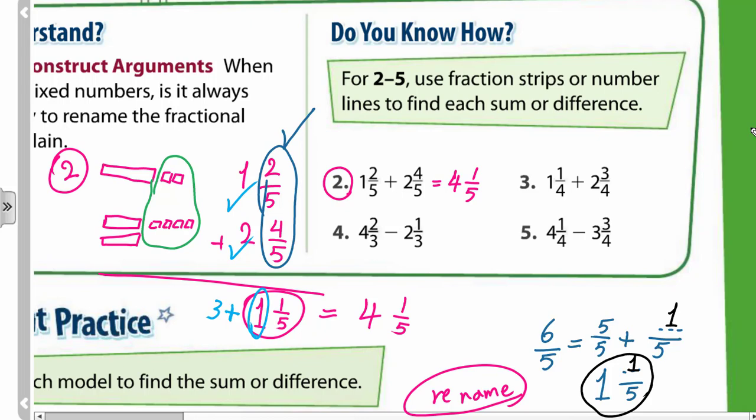This is the faster way: to add the mixed numbers, start with the fractional part, add the fractions, then the whole part. You may need to rename. If you need to rename, do it. If you don't need to, you have the answer. Done, Mister. Okay, great.